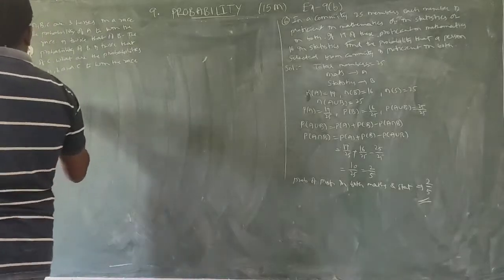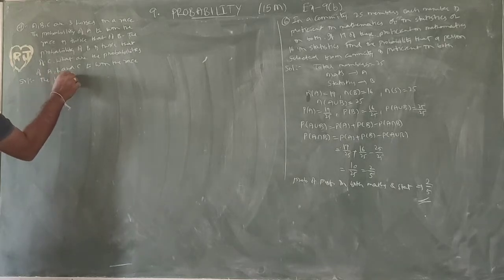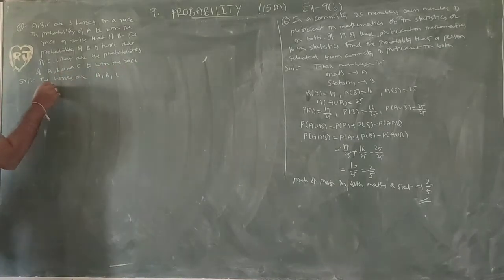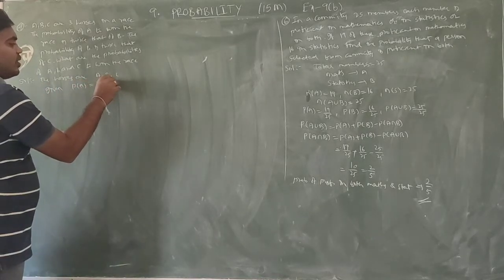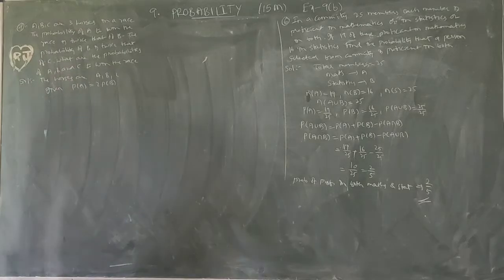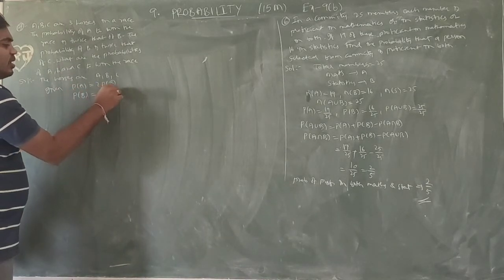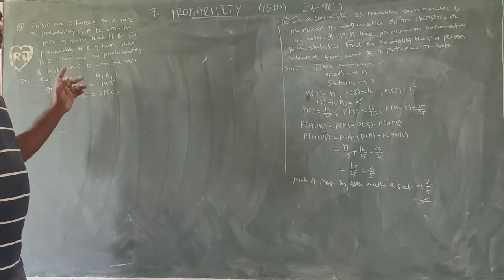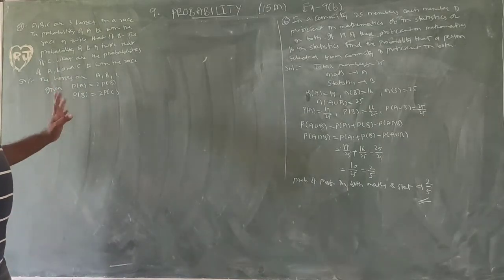So the horses are A, B, C. Given probability of A equal to 2 into P of B, twice the probability of B. Probability of B equal to 2 into P of C. Okay, this is the information.